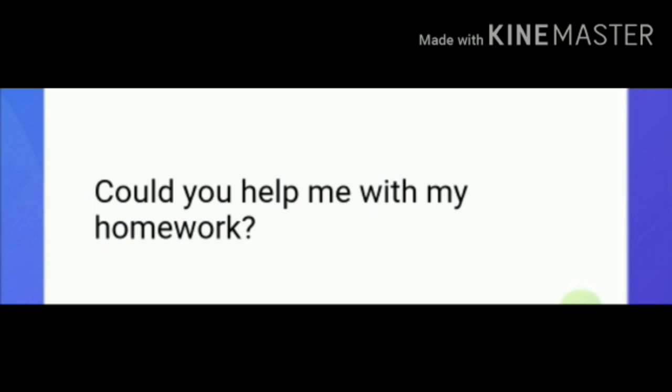So, here you have to identify whether a sentence ending with a question mark is an imperative sentence or an interrogative sentence. As in this sentence there is a request for help, this is an imperative sentence and not an interrogative sentence.